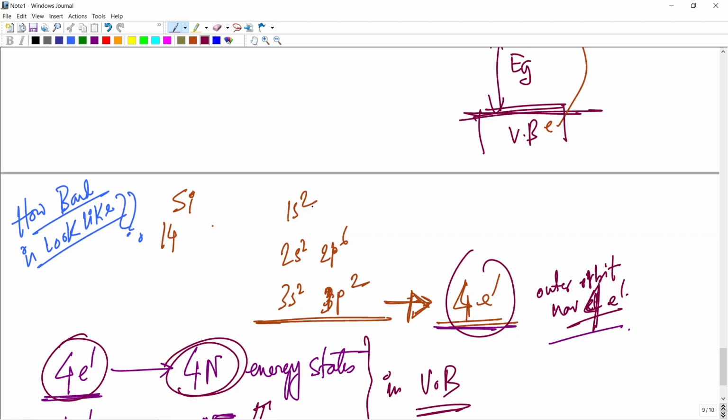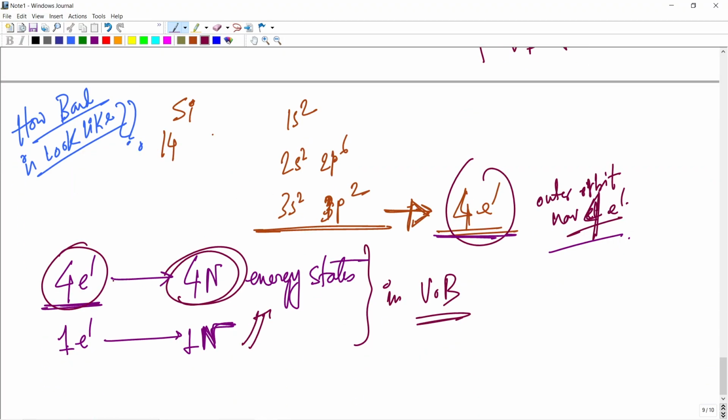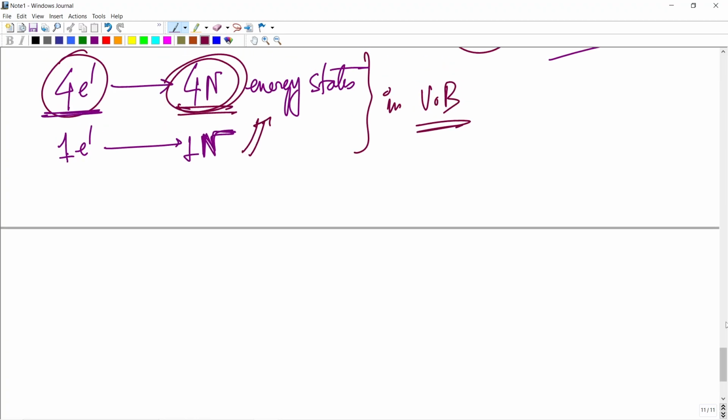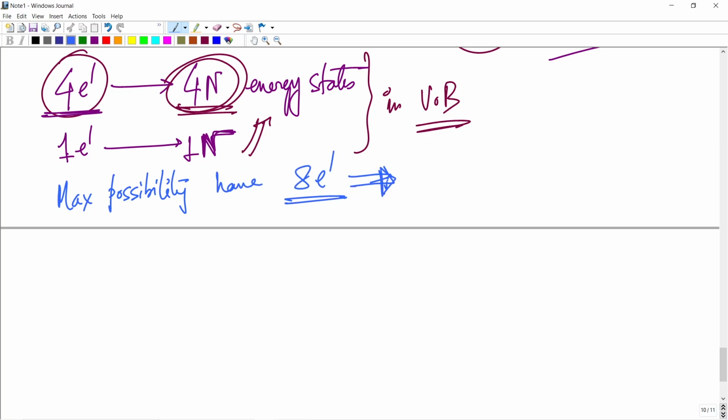So the last shell of silicon has 4 electrons, and these 4 electrons occupy the valence band, so the valence band has 4n energy states. But the last shell has a maximum capacity of 8 electrons, which means 8n energy states, because one electron has some energy.